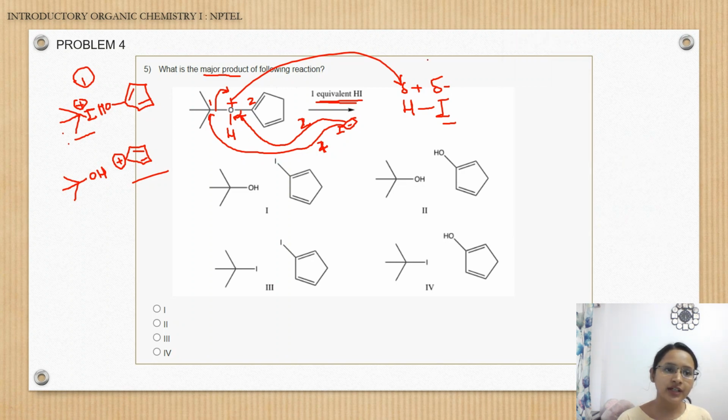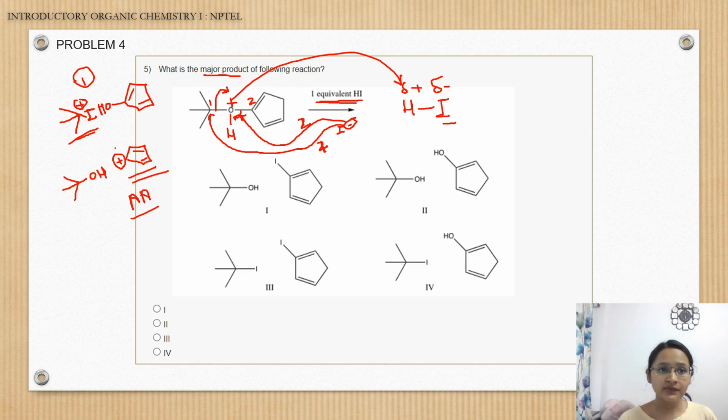Okay, here the tertiary carbocation is more stable. Why? I have told you about aromatic, anti-aromatic, and non-aromatic compounds. So what is this? This is 2 and 4. It would be anti-aromatic, right? Because it is an anti-aromatic compound, its stability is very low.